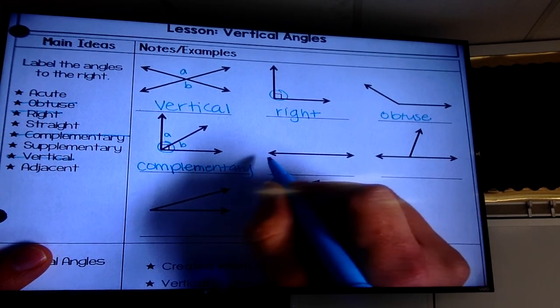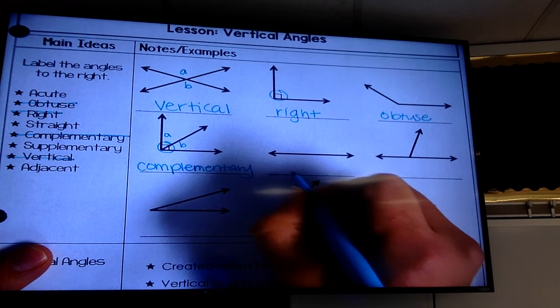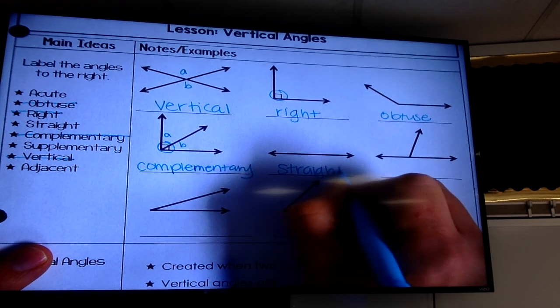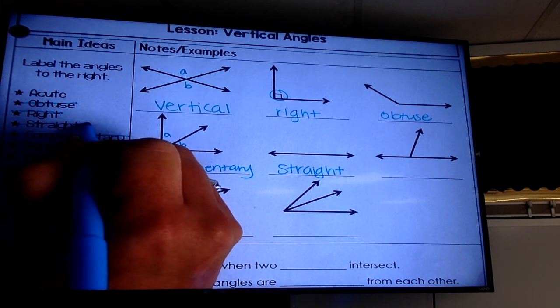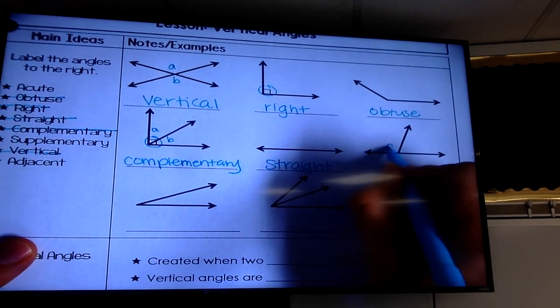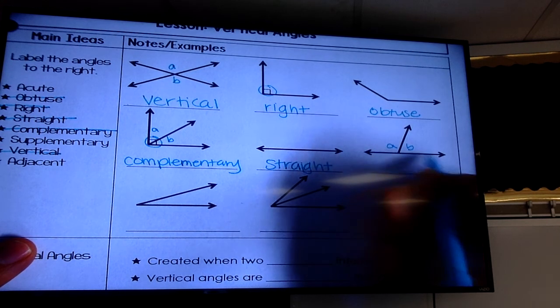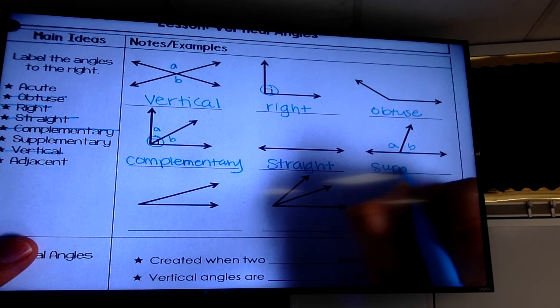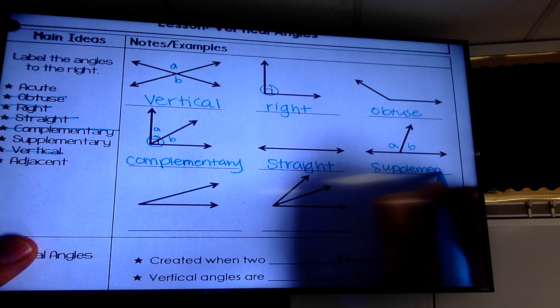Here's an angle right here. It creates a straight line, which means it's a straight angle. It equals 180 degrees. Here's a set of angles. So here's angle A and angle B, and I see that they form a straight line, which means they are a pair of supplementary angles.